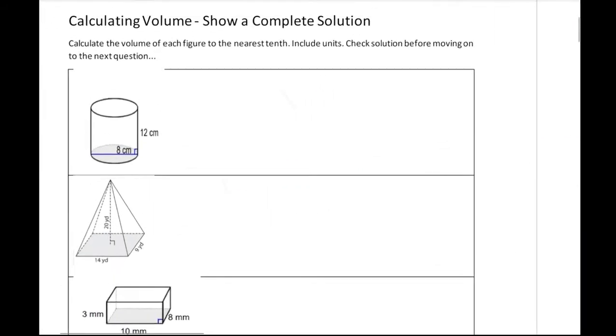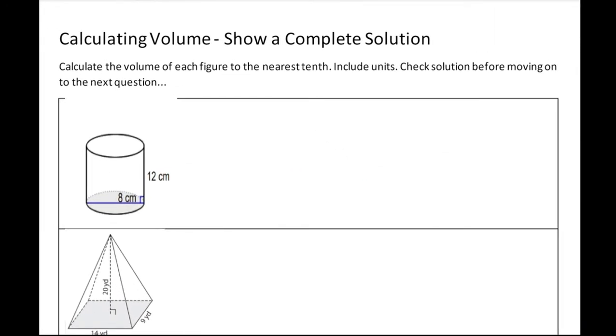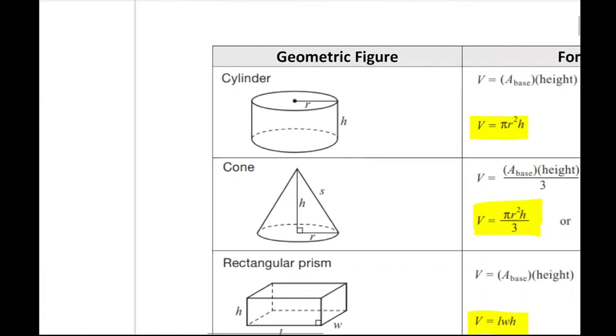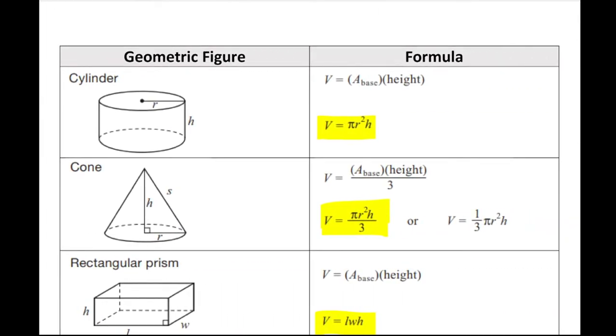So if we look at the first one, a cone, going back to that formula sheet, not a cone, a cylinder, my mistake. If we look at the cylinder, we can see that the formula here is the area of the base times height.